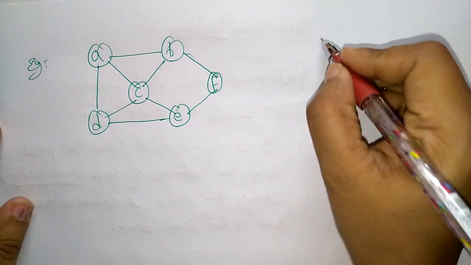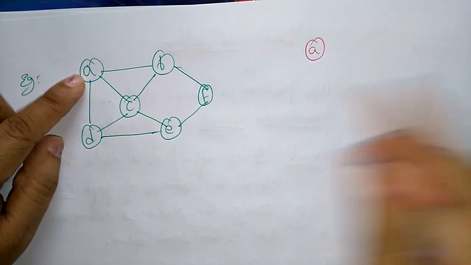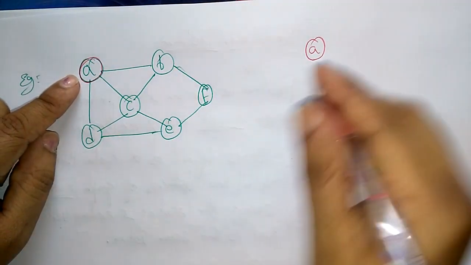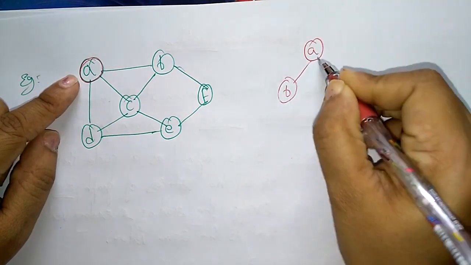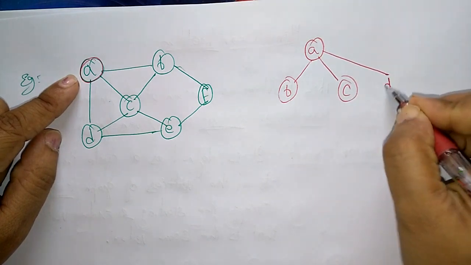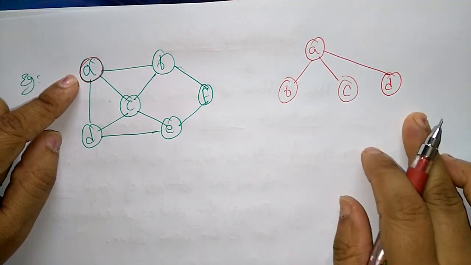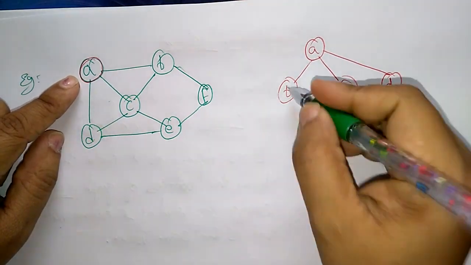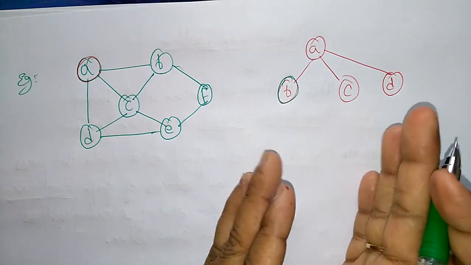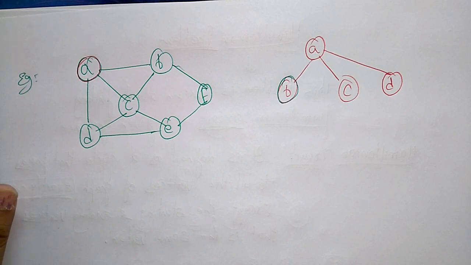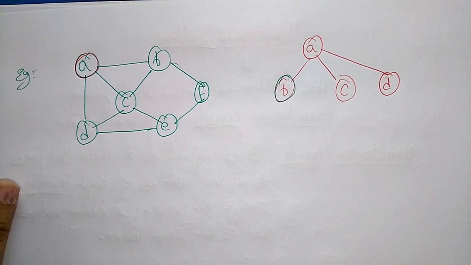First we start from A. The vertices connected to A are B, C and D. If three are connected, we take B first, because from the left side we take the next connected vertex after A, which is B.